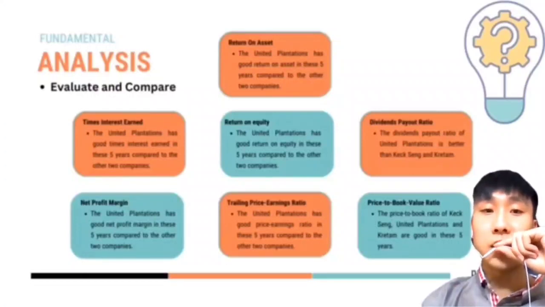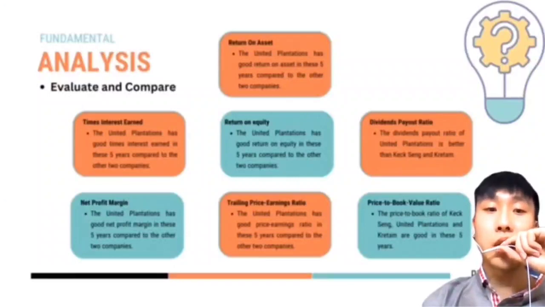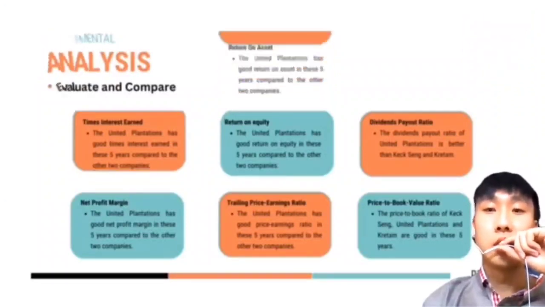For the price earnings ratio, United Plantation is good compared to Bwfn and Kretam. For the dividend payout, United Plantation is better than Bwfn and Kretam. And lastly, for the price to book value ratio, Bwfn, United Plantation, and Kretam are good in these 5 years.